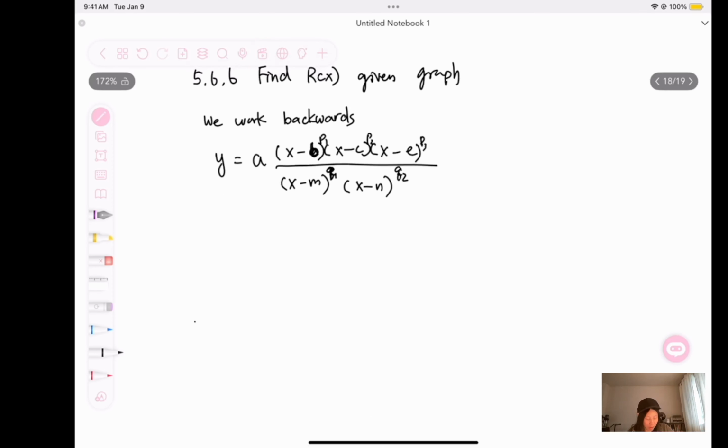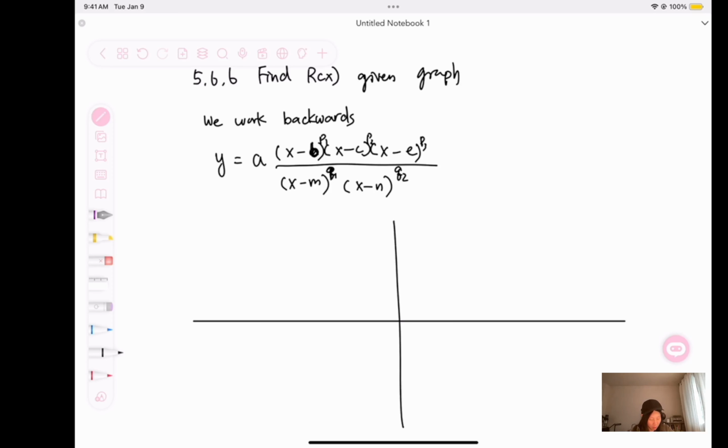So here is the equation, and here is the graph. I want you to find the equation for me. Here is -1, and this is -2.